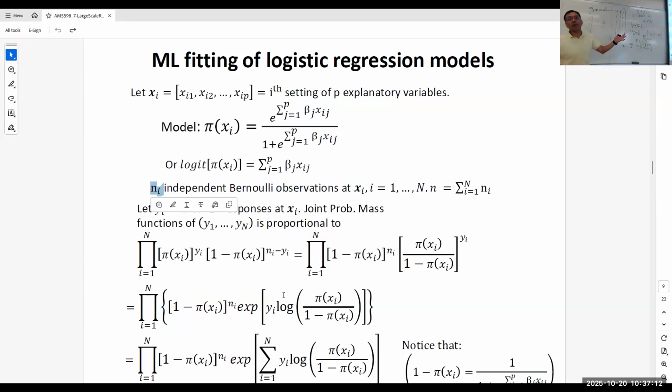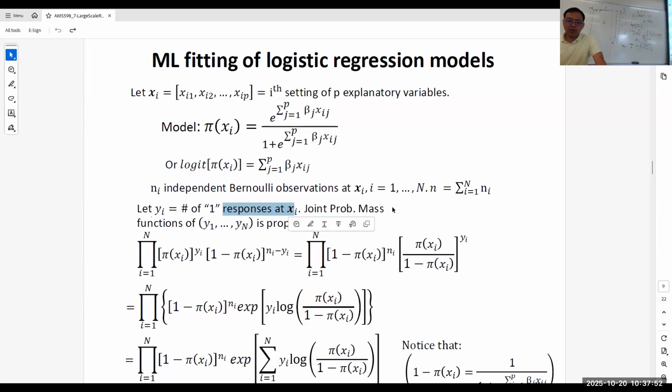You may find 4 or 5 people with exactly the same information, so your Ni is the count, and you can either combine them or treat them separately. Inference-wise it does not make much difference. But in our case, let's assume Ni is equal to 1, though in general it does not have to be 1. So N will be the total observations, and Yi will be the number of ones response by the Xi.